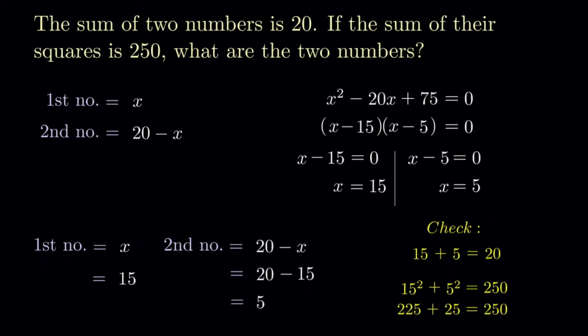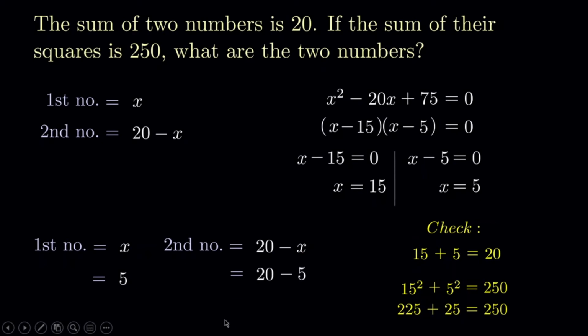Okay? Now, what if ang ginamit nating value ng x ay 5? So let's use 5 for x. So the first number will be 5. And then the second number will be 20 minus yung x na ginamit natin, yung 5.